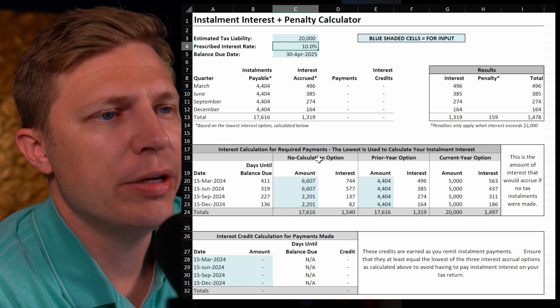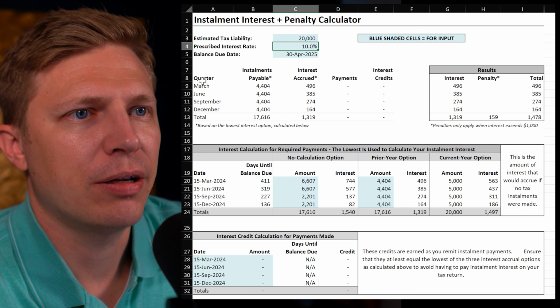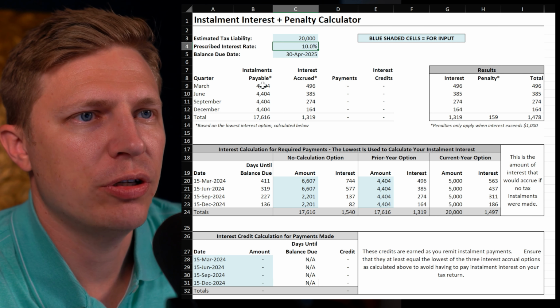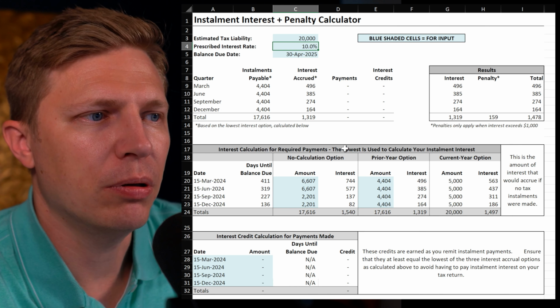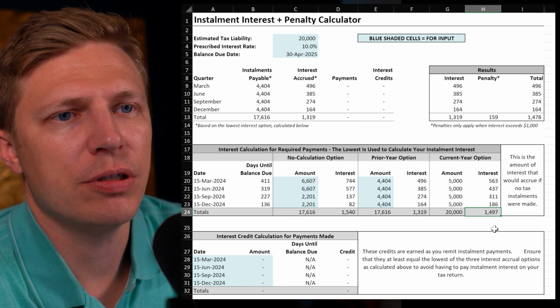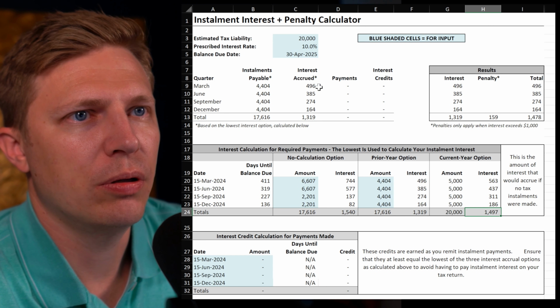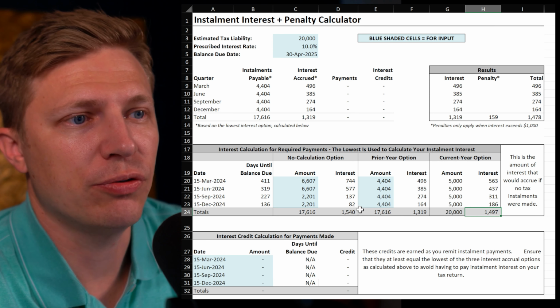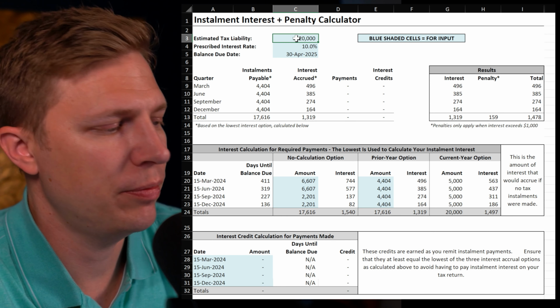Now, the way that this spreadsheet has been designed is that in the top section up here, it's going to automatically pull whichever of these three options results in the lowest interest payment. So I'll just show you live how this works. Right now it's pulling the $1,319 and all the interest off of that option.